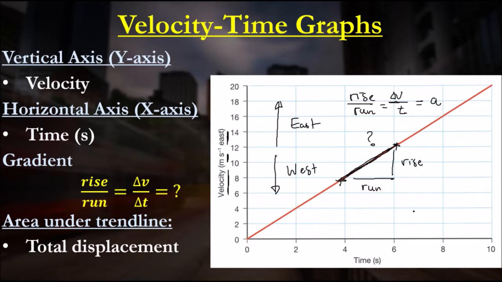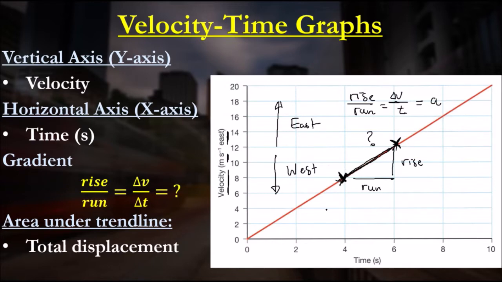Remember what we mean by acceleration: the speed of the object is constantly changing, or the direction is changing. You can see we started off at time 4 here at 8 meters per second, and then at 6 seconds we get to 12 meters per second. So there's an increase in speed, there is acceleration.